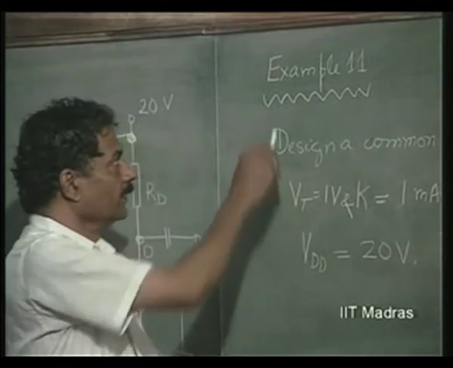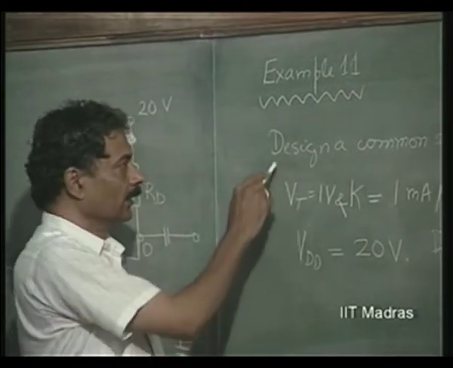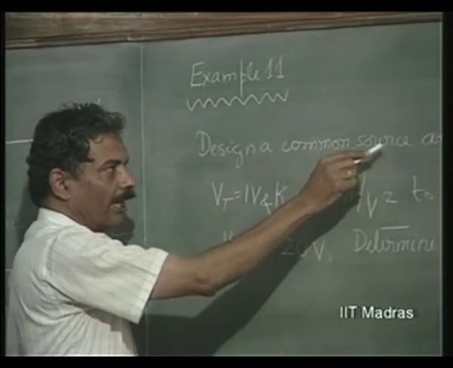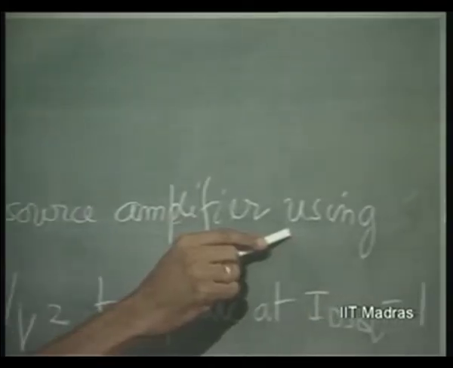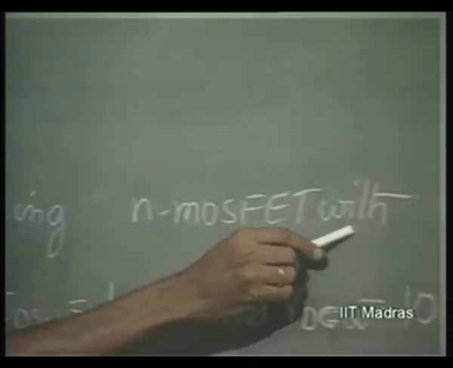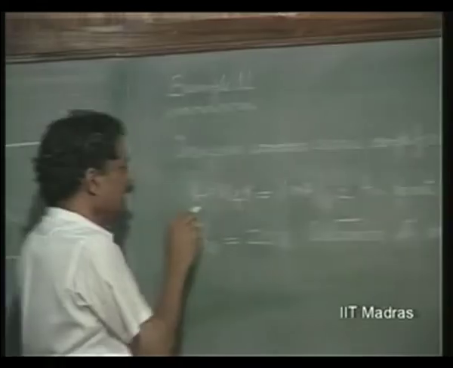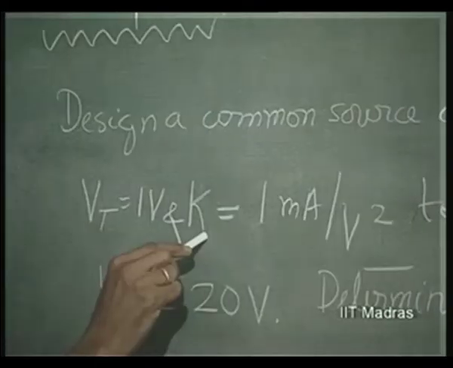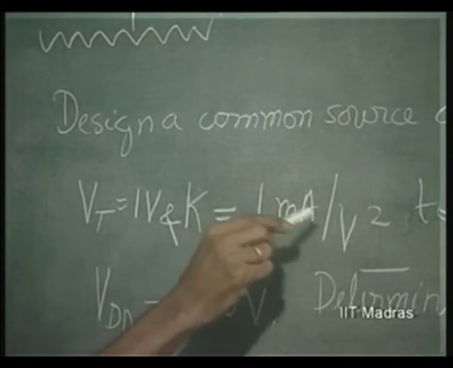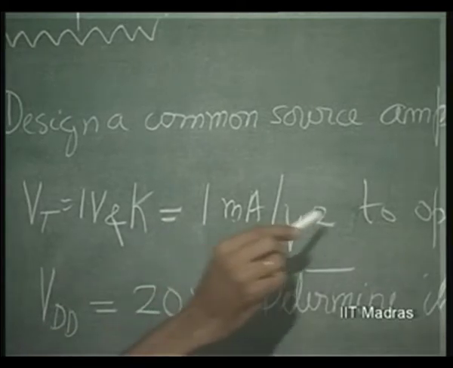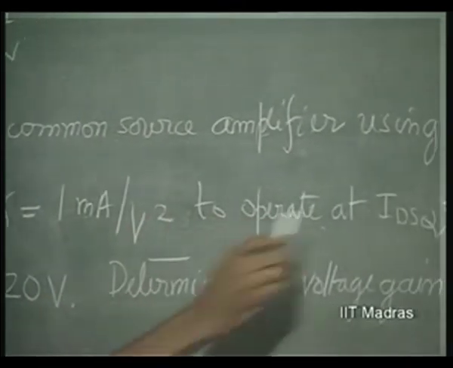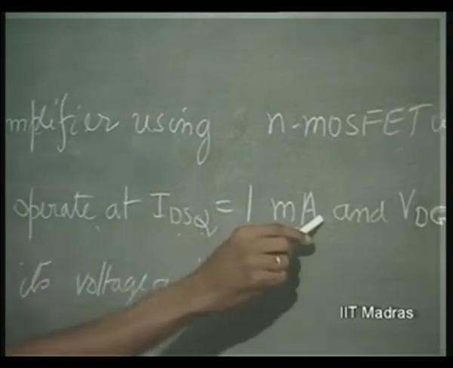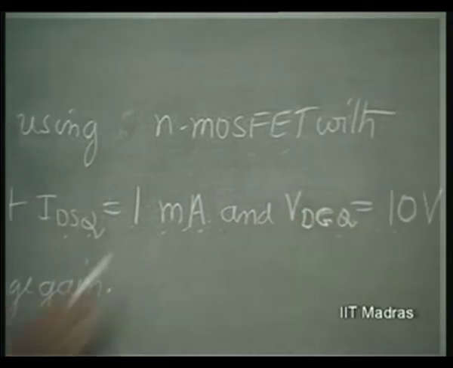Now consider this example 11. Design a common source amplifier using N MOSFET with VT equal to 1 volt and K equal to 1 milliampere per volt square to operate at IDSQ equal to 1 milliampere and VDGQ equal to 10 volts.